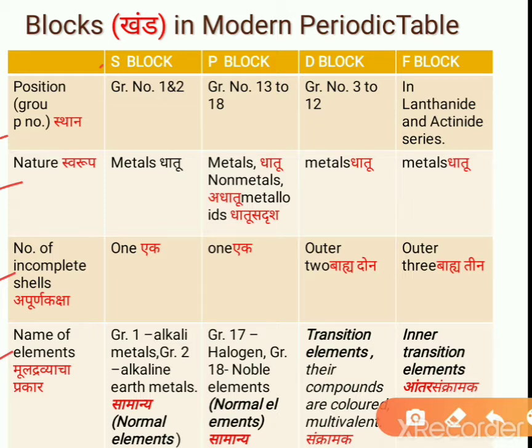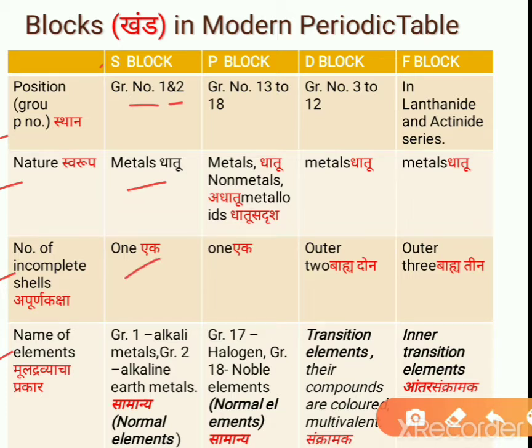S block elements are present in group number first and second. What is the nature of these elements? All these elements are metals, and the number of incomplete shells is 1.